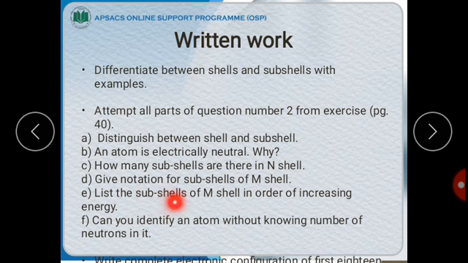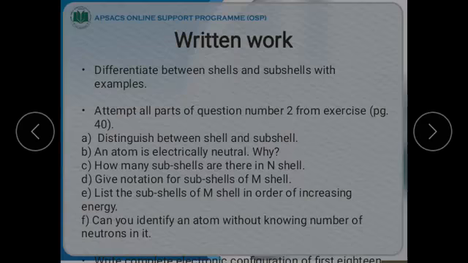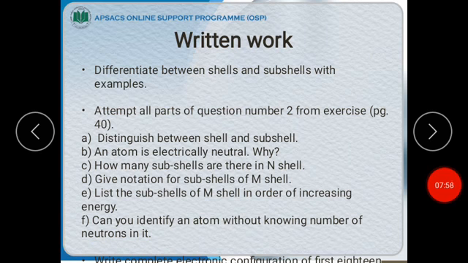List the subshells of the M shell in order of increasing energy. Can you identify an atom without knowing the number of neutrons in it? Students, how can you find the number of neutrons of an atom? By subtracting atomic number from atomic mass.